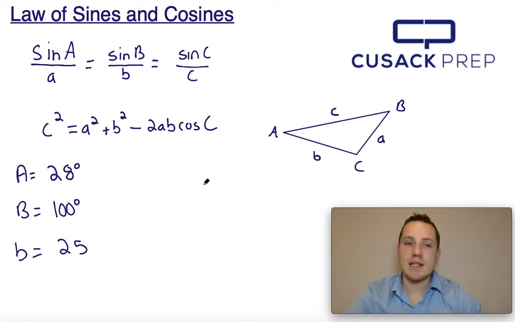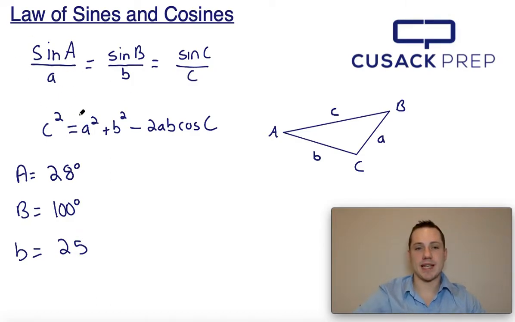When we're asking ourselves whether or not we use law of sines or cosines, we look at this and say, okay, I have an angle, and I have the side directly opposite. I have both angle B and side B, and anytime that happens, we're going to use law of sines.